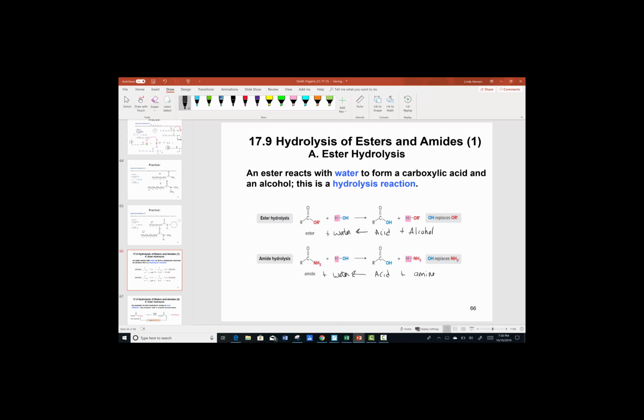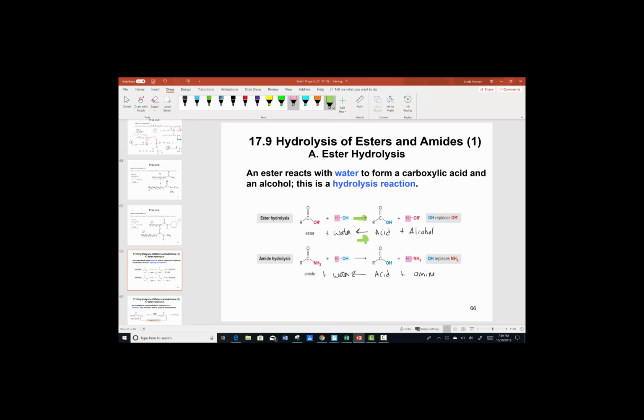The good news is that the last part of the chemistry is saying, okay, what if we read it in the other direction? If we read it in this direction, it's the ester plus water gives me back the original stuff, the acid and the alcohol. So they're reversible reactions. I can add in water and get back the acid.